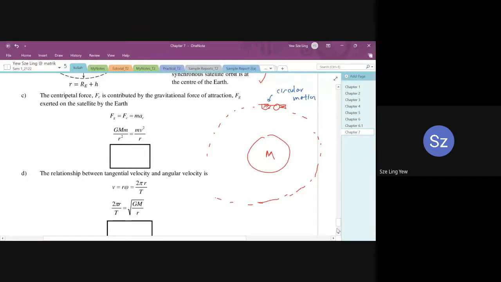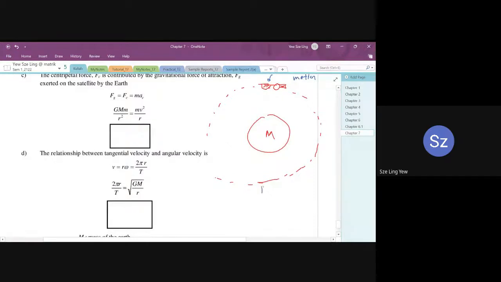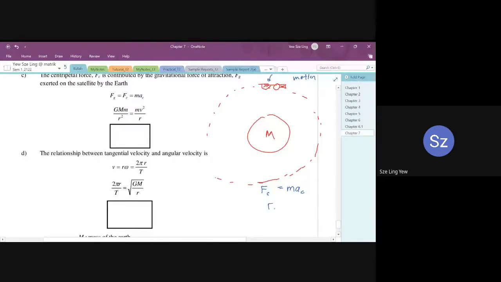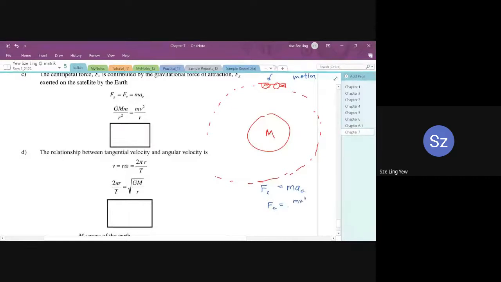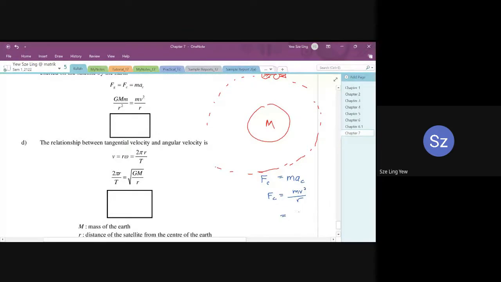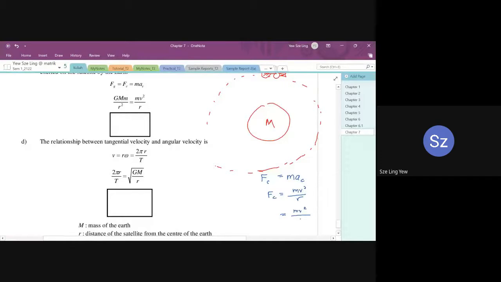So in chapter 6, we know that net force F equals ma_c. Fc is also equal to mv squared over r, and this mass is the test mass, the mass of the object that is moving. In chapter 6, we always keep the equations on the right-hand side, then expand the left-hand side.